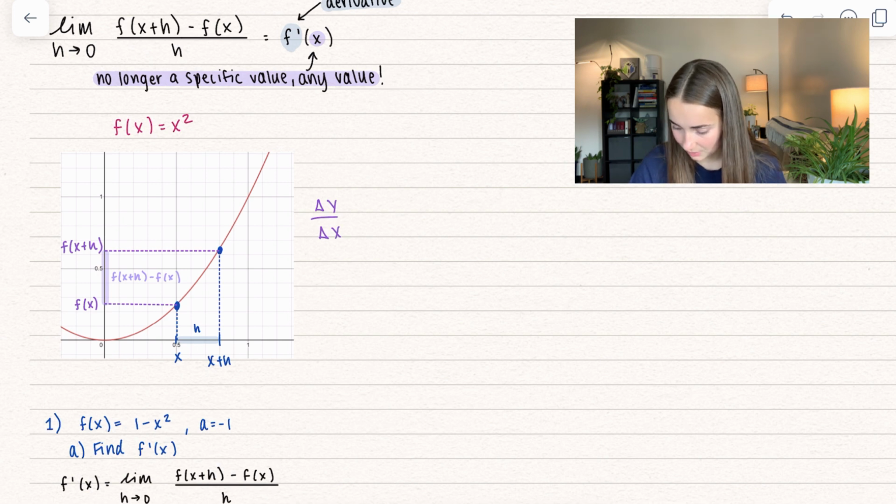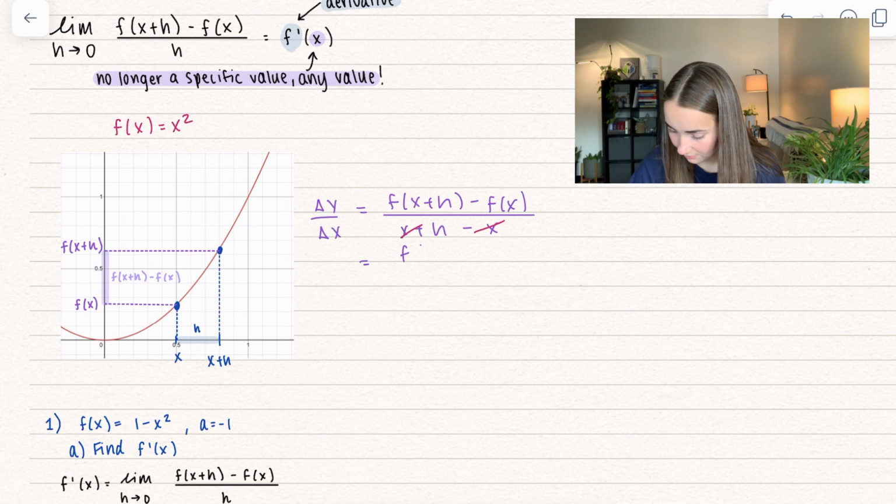If I take my first change in y, I have f of x plus h minus f of x, and then this whole thing is going to be all over the change in x. So I take x plus h and I subtract x. Notice here how my x's actually cancel out. And so now I just have f of x plus h minus f of x all over h.